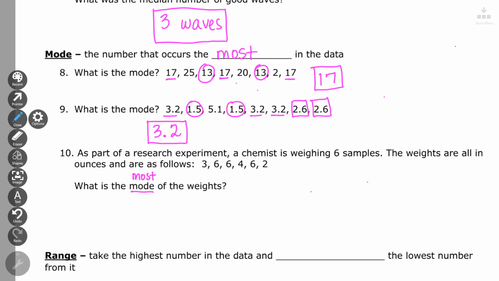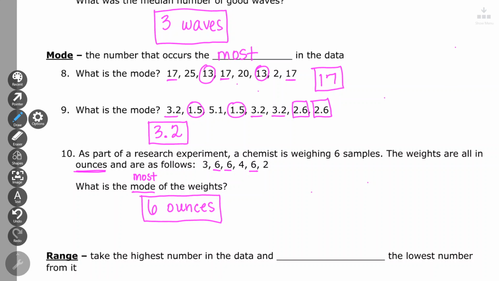All right. And so the 3 occurs once, 6 occurs 3 times, 4 occurs once, and 2 occurs once. So the weights are all in ounces, so it would be 6 ounces. That's the mode of the weights.